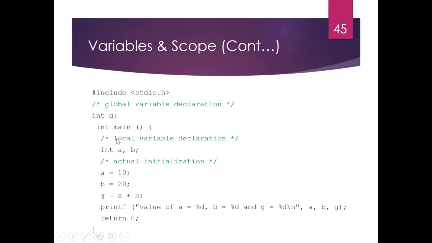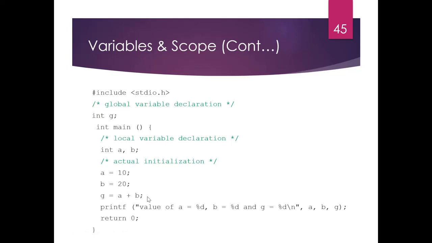Let's see how to access this global variable inside the main method. Here int a, b; a equals 10, b equals 20, and g equals a plus b. Then what will be the output?